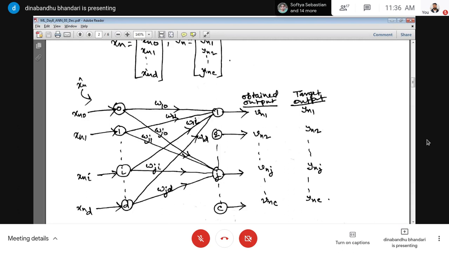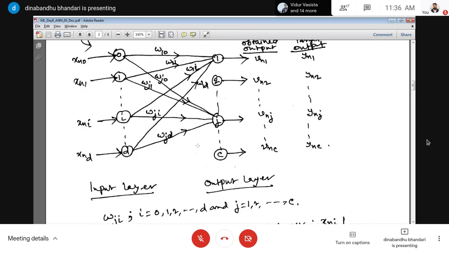So xn0 into wj0 plus xn1 into wj1, up to xni into wji, up to xnd into wjd. All those weighted sums will be computed at the jth node, and then it will do some mapping. It will transfer that value to another domain and provide the output vnj.